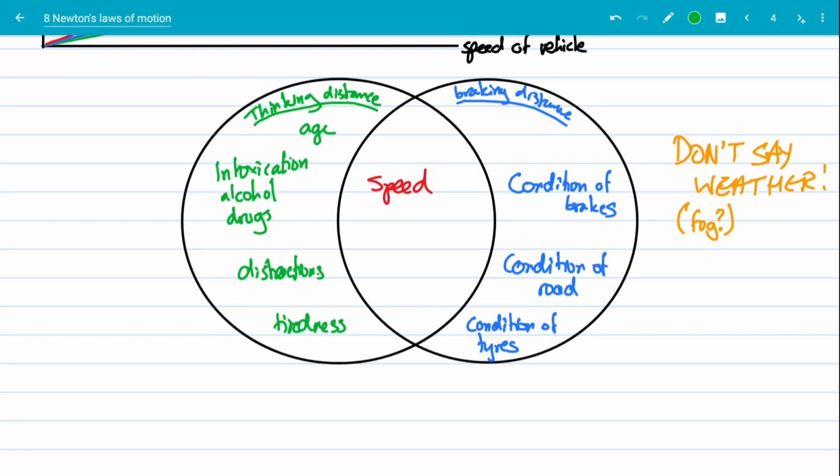Now, modern cars don't have constant friction, constant force from the brakes. Modern cars don't do that. They have ABS, which can do some clever things. It can adjust the braking force on each tyre, or on each wheel, to stop you skidding, which is very clever, amongst other things.